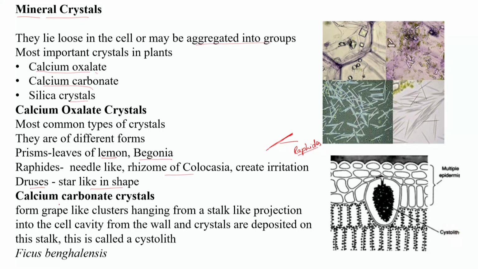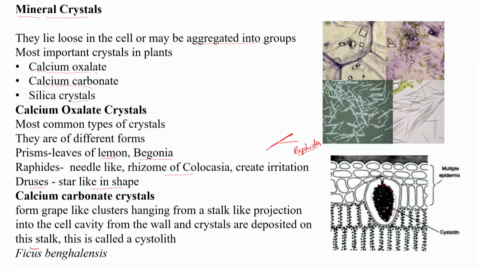Then another important crystal is calcium carbonate crystal. Now in these calcium carbonate crystals, like in ficus, it is observed that these crystals form a grape-like deposition. They aggregate together and form a cluster, like in grapes you have a stalk. So in this they form a stalk, and they appear to be hanging from the wall of a cell.